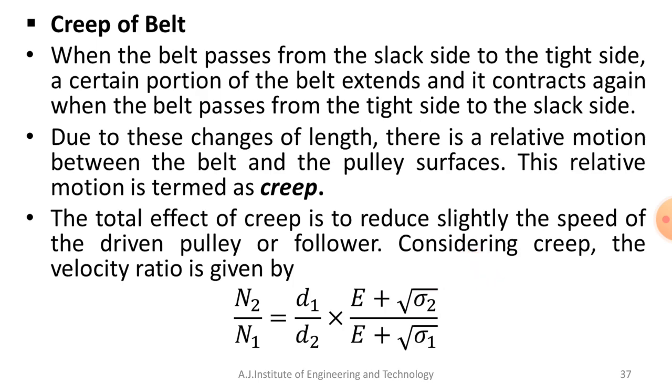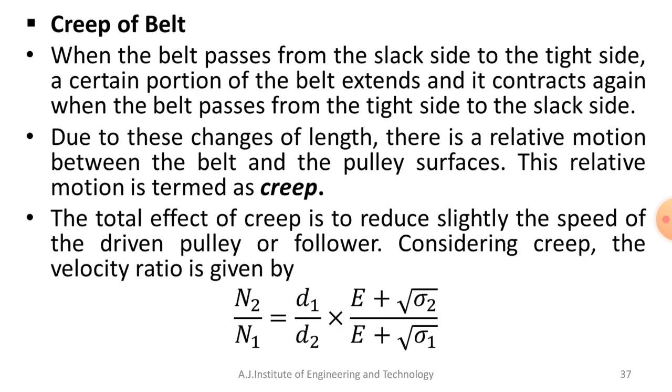Here sigma 1 and sigma 2 are the stresses induced at the tight side and slack side respectively. So sigma 1 indicates tight side stress, and sigma 2 we call slack side stress. That is about creep.